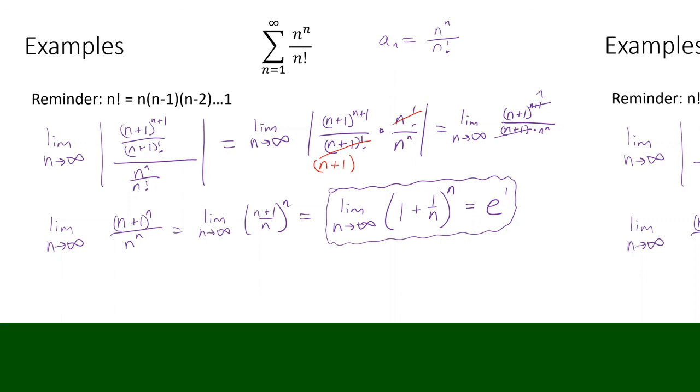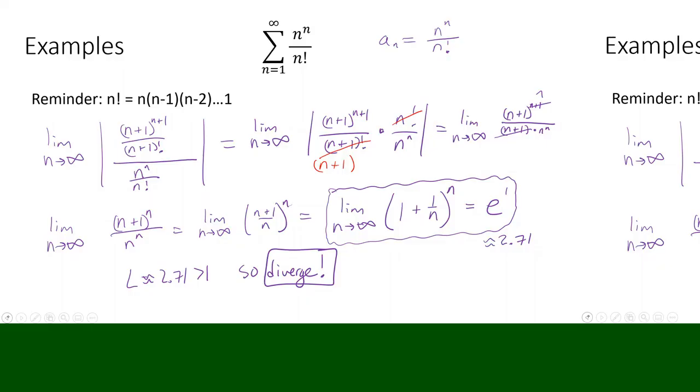But in any case, we get e, which is approximately 2.71. So I go back to my ratio test and I say, okay, my L is bigger than 1, approximately 2.71. That's bigger than 1, so diverge. All done. So ratio test, get your limit, see what happens.